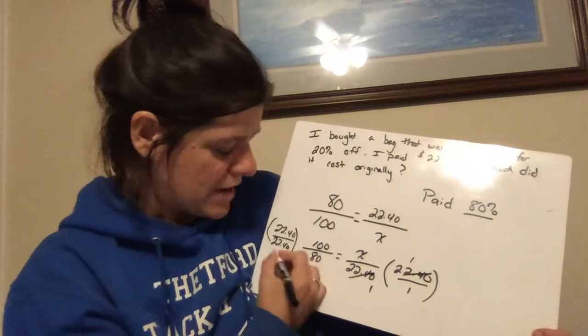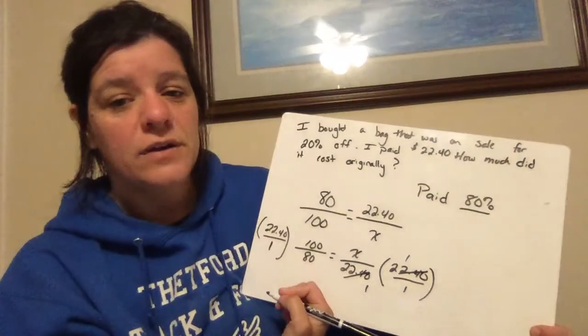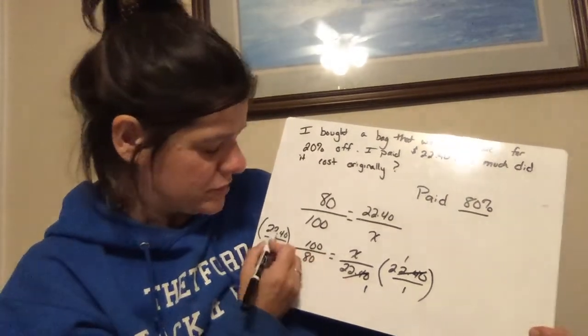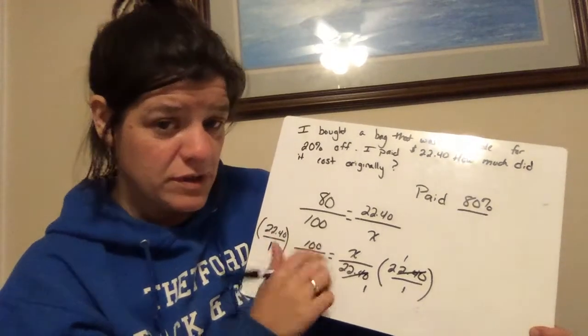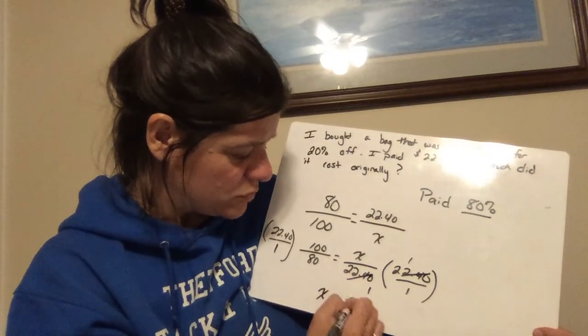And then I can, oops, that's supposed to be a 1. Sorry about that. And then I can put this into a calculator. So I would do 22.40 times 100 and then divided by 80. And I'm going to get that X equals $28.